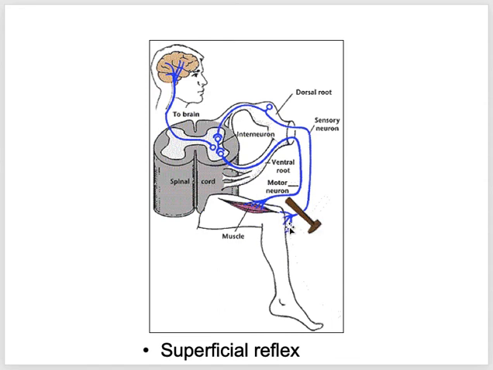So when we hit the tendon with the hammer, we are giving a stretching stimulus, which is carried by a sensory neuron, and an interneuron between these two gives the motor response, and the muscles contract. This is a very easy representation of a reflex.